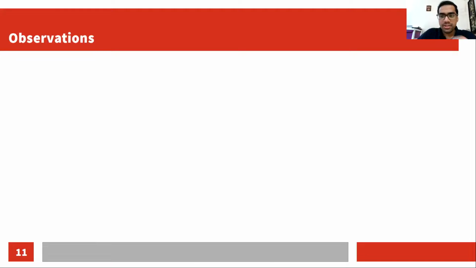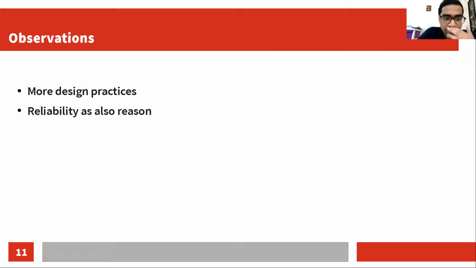Okay, my observations. There were many more design practices that were found, more than what I had done in my initial study. And I have analyzed all these design practices and reliability as a reason. One thing I found in many of those papers was that researchers would write about one particular method that they were using, and reliability would be a side reason.